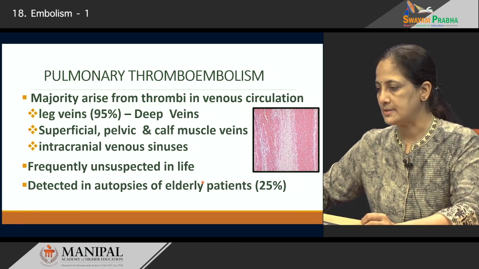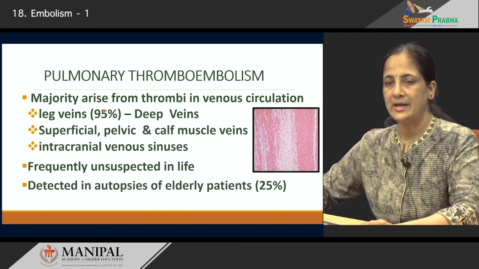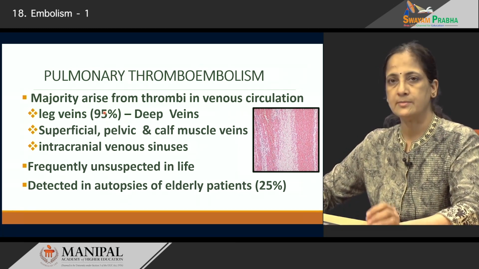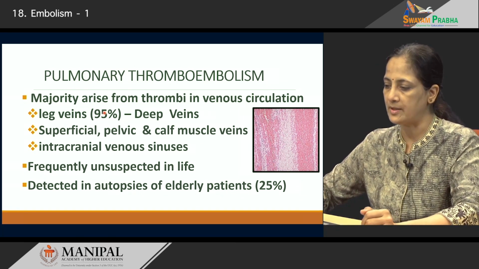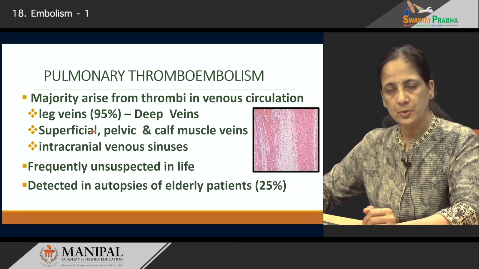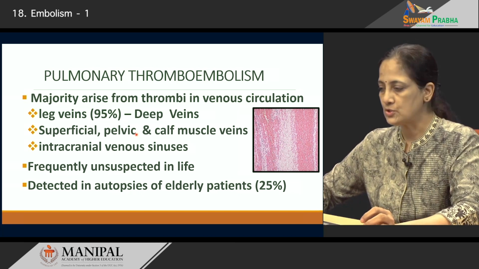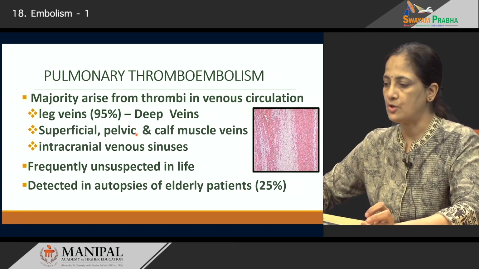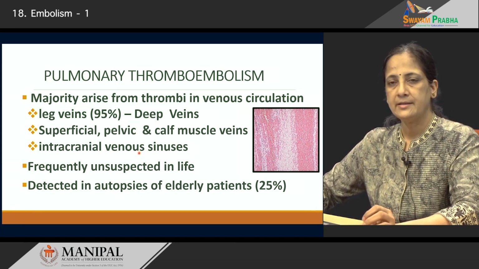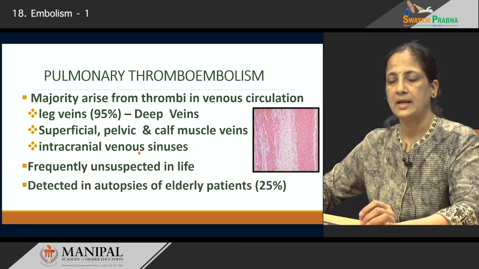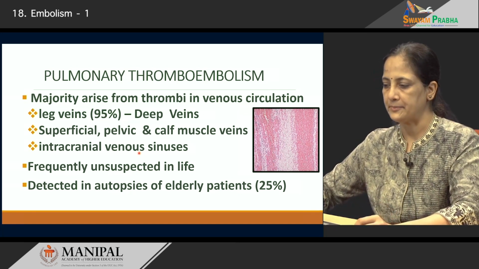Pulmonary thromboembolism arises in the leg veins in 95% of the cases, and of these the majority are from the iliofemoral veins. Superficial veins of the leg, veins in the calf muscles and the pelvic veins may also contribute to a small percentage of pulmonary emboli. Intracranial venous sinus thrombosis also is a source of pulmonary emboli, rarely.